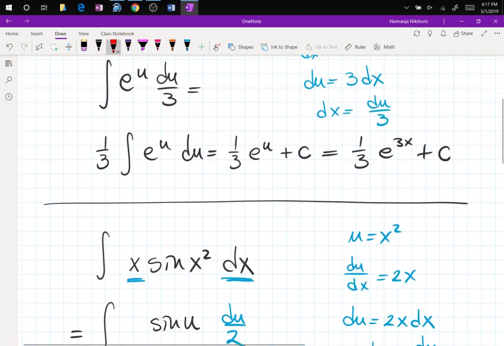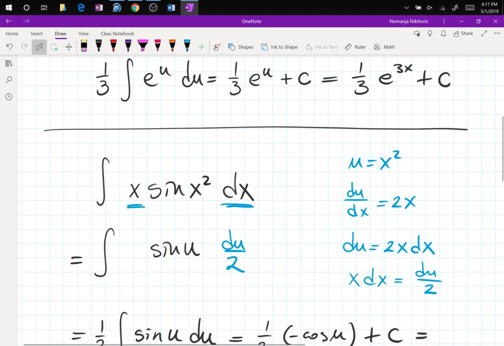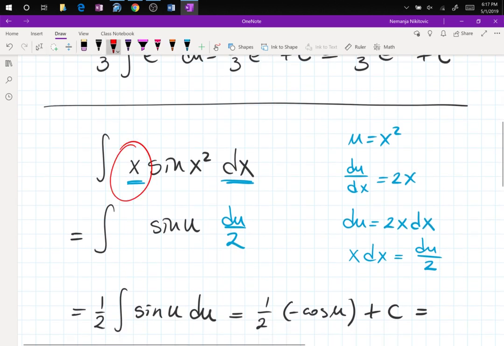Now, these things get complicated very fast because you start getting extra stuff floating around. And luckily, that's exactly the stuff you needed in order for all of these things to work out. Without this x, sine x squared cannot be integrated.